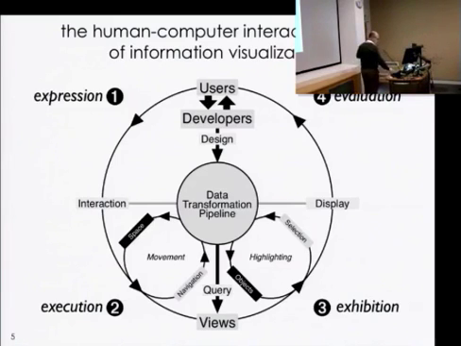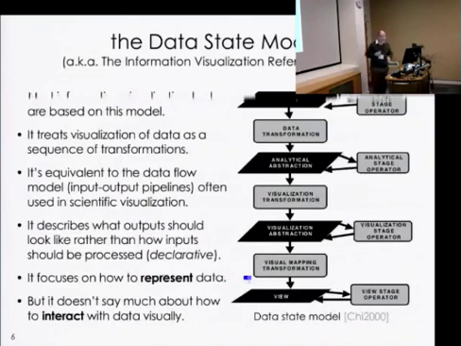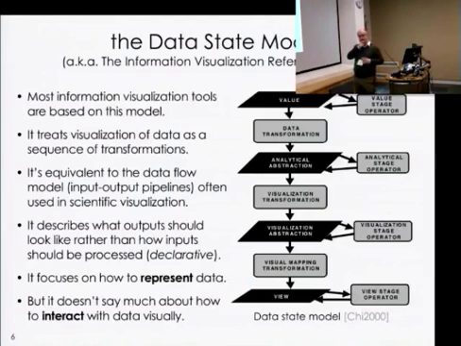Much of the design for information visualization happens in the data state model. This is a figure from one of Ed Chi's papers. He's someone who figured out that the data flow pipelines that are popular in scientific visualization tools can be readily transformed to and from a model of data state.